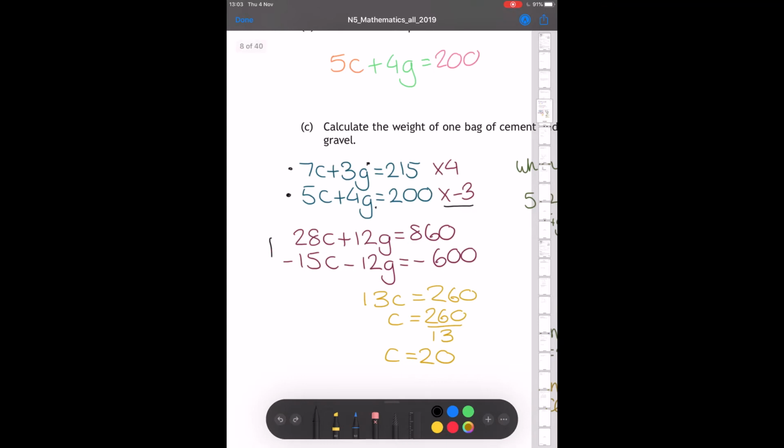Now you could have also chosen to get rid of the C's here if you wanted to. If you wanted to get rid of the C's, what you would have done is, probably the lowest common multiple of 7 and 5 is 35. So I would have multiplied the top by 5, and then multiplied the bottom by -7.